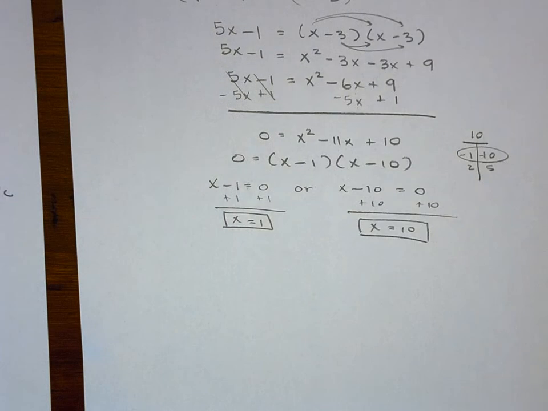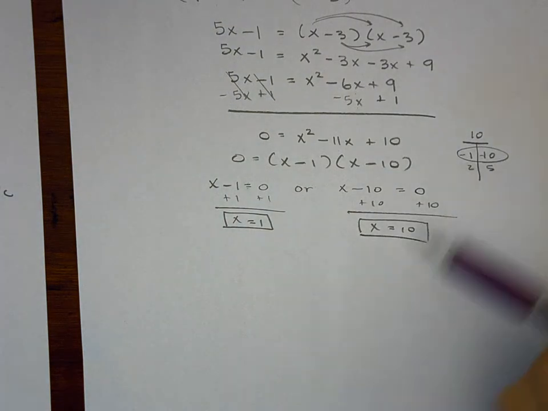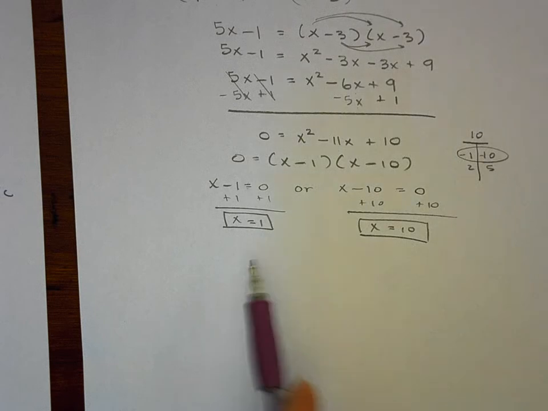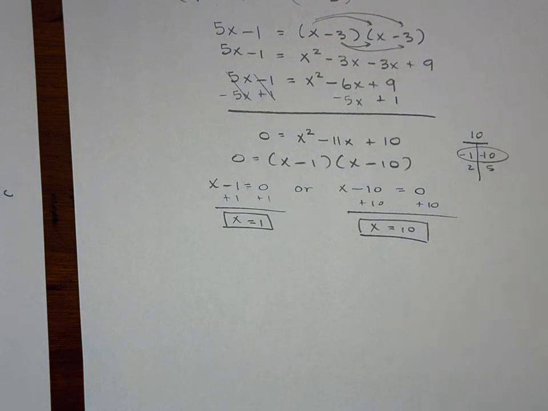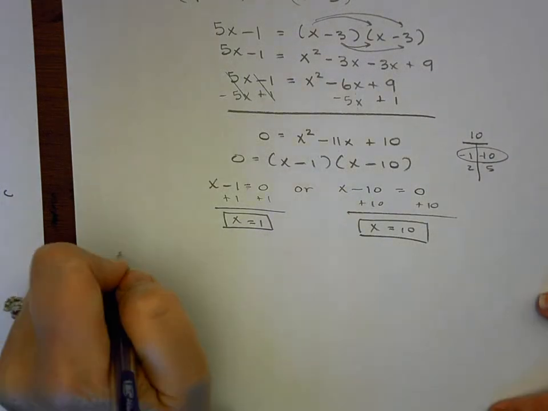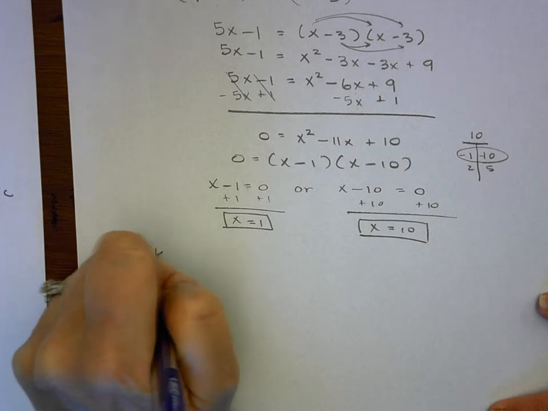So in terms of my solutions, I know for the quadratic, my solutions are 1 and 10, but one of these would generate a false answer. So to check, I just need to substitute into the original problem, and then I'll show you a shortcut as well. But we're going to do the check first.